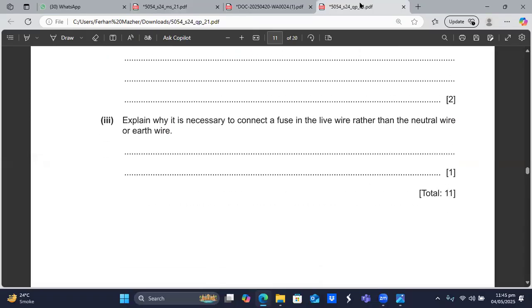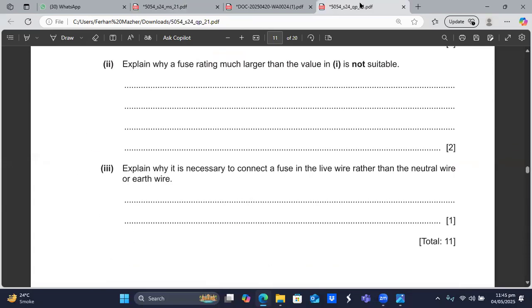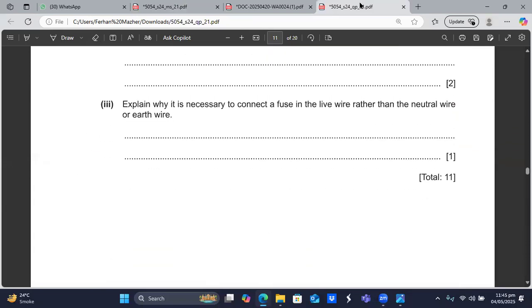Question number 5D, its third portion. Explain why it is necessary to connect a fuse in the live wire rather than the neutral wire or earth wire. The fuse and the switches are always connected in the live wire, so that when the fuse blows, when the fuse is melted, your appliances, for example heater and lamps, are isolated from the live high voltage current.